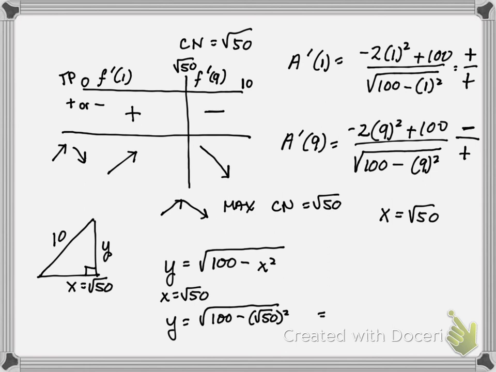The square root of 50 squared is going to give me 50, so we get the square root of 100 minus 50, which is the square root of 50. We notice that these are the same. So x equals the square root of 50, which, by the way, is in centimeters, and y also equals the square root of 50 centimeters. Since x and y are the same, we can conclude that it is a square, and this proves that it is a square.